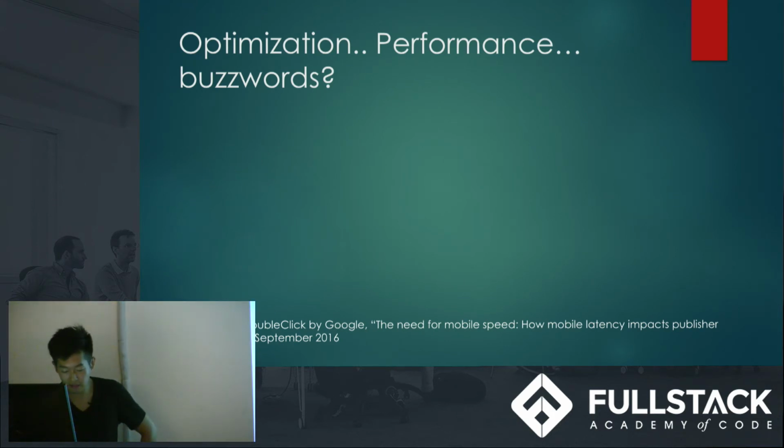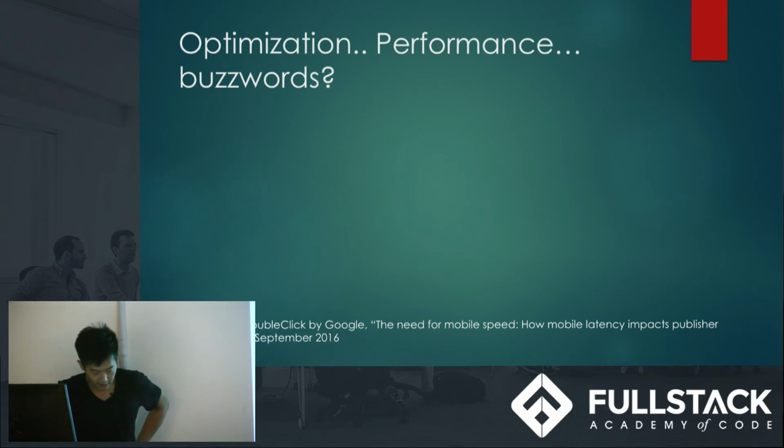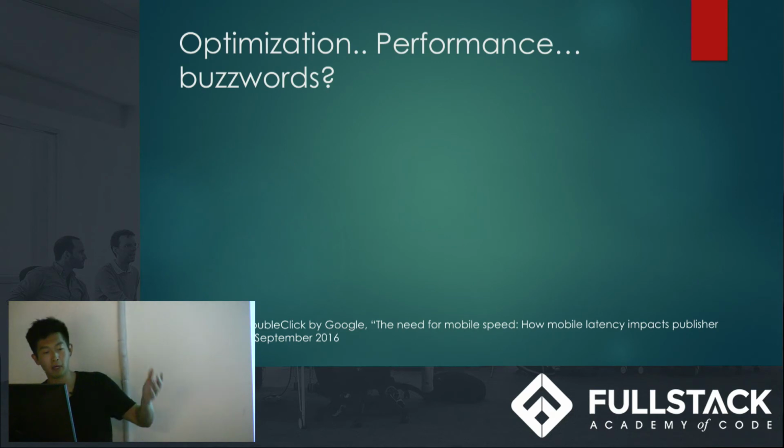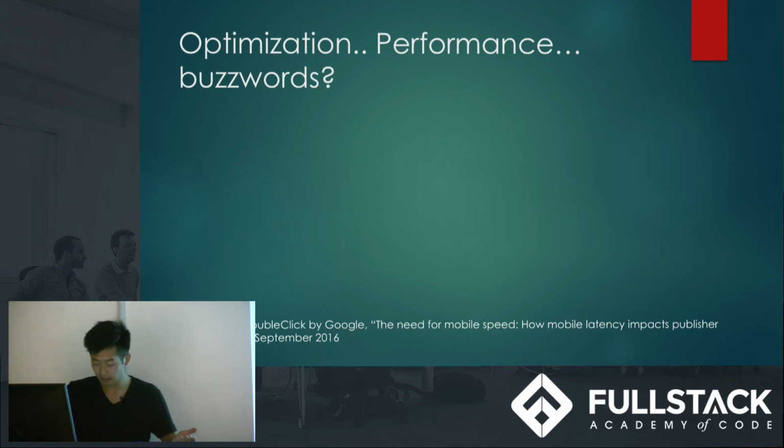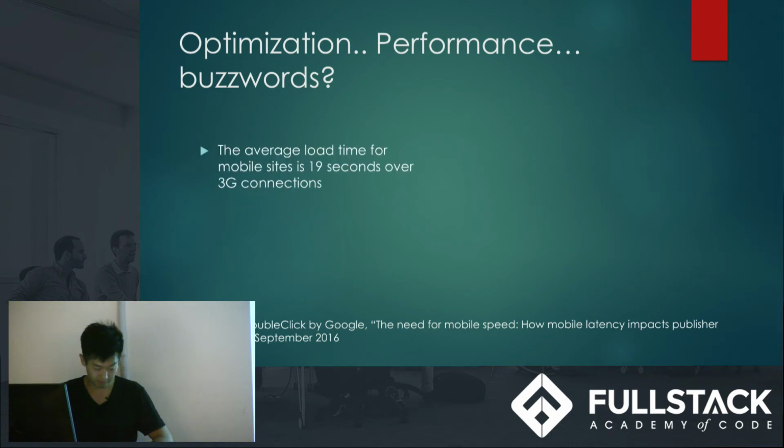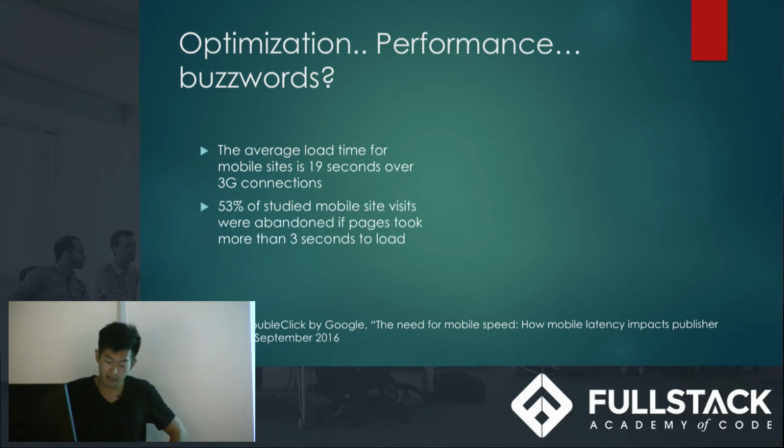In 2016, a company owned by Google called DoubleClick, they do mobile sites, released a study for mobile publisher revenue, and they found some pretty interesting facts about performance and speed. First, the average mobile site load time is 19 seconds over 3G. 53% of the studied mobile sites were abandoned if it took more than just 3 seconds to load.